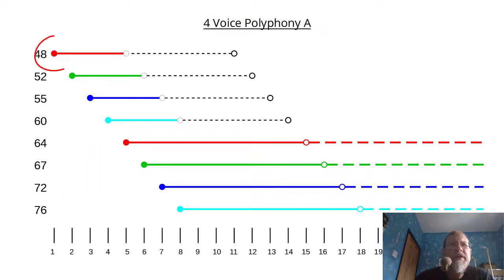And that one is taken because it's the oldest voice that's being used. And similarly, note 67 steals the green voice, note 72 steals the blue voice, and note 76 steals the turquoise voice. And that sounds like this.